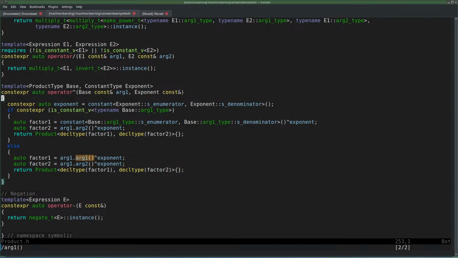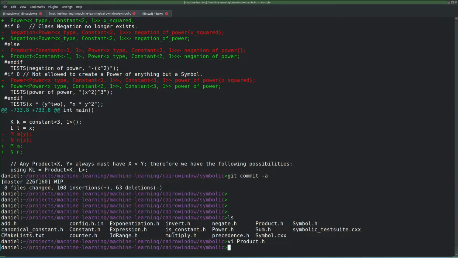Yeah, I just need an exponentiation, which I don't have yet. I'll call it exponentiate.